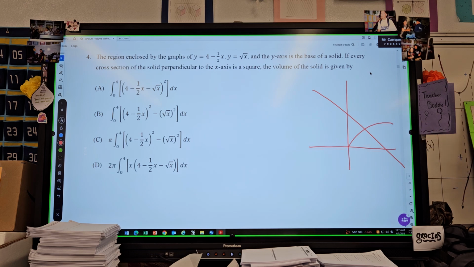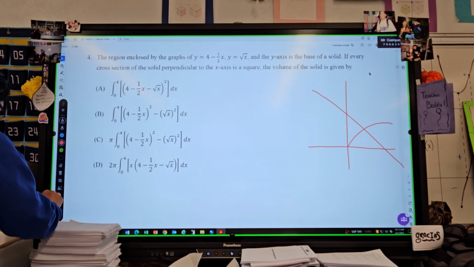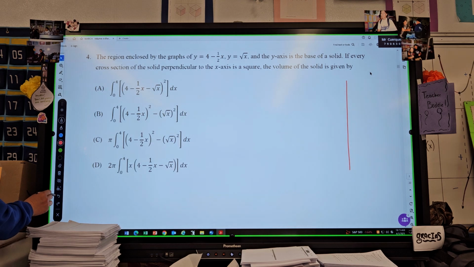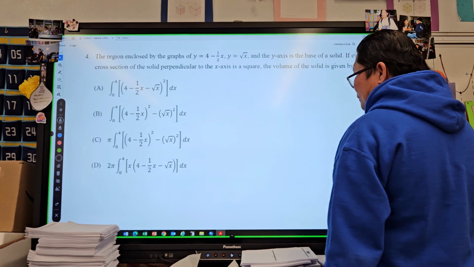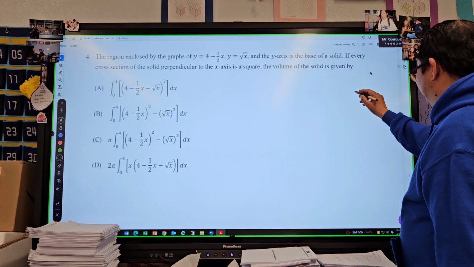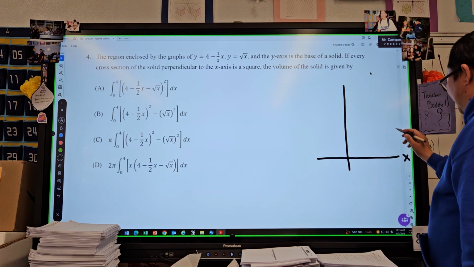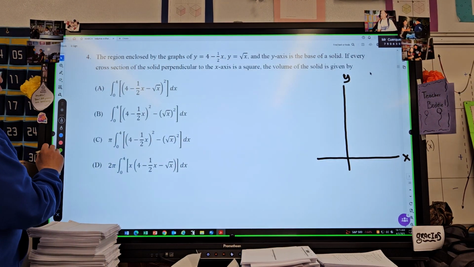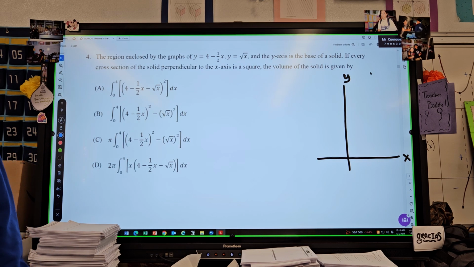But I did not draw it perfectly. Okay, sorry guys. I'm just so excited to show it to you. I'll use black color for the axis. So if you have this graph, X and Y, and it's gonna be a line, 4 minus 1/2 x. So what is the intercept?